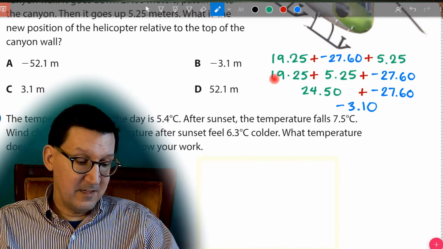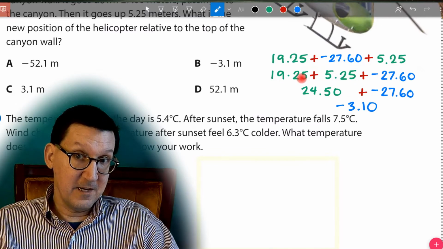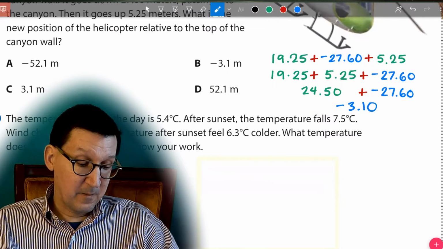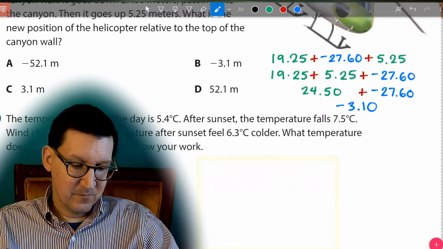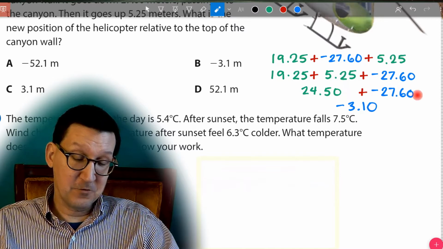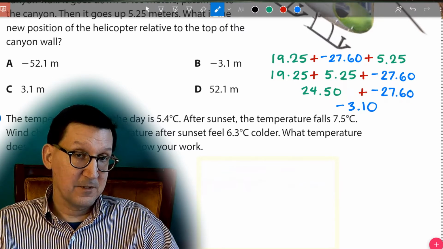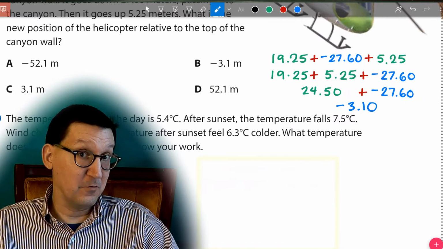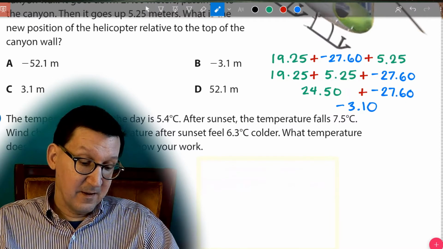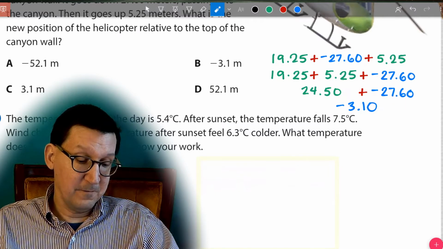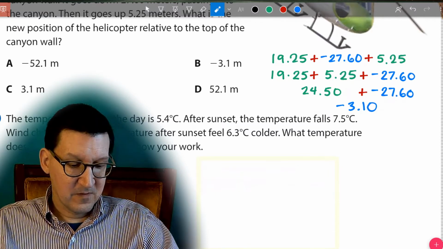So we add 19.25 and 5.25. Add those together, you get 24.50, or 24.5. Then we take 24.5, and then we have to add a negative 27.6. So that means we're subtracting, right? So you subtract 27.6 from 24.5. And since 27.6 has the largest absolute value of the 2, we know that the answer is going to be a negative.